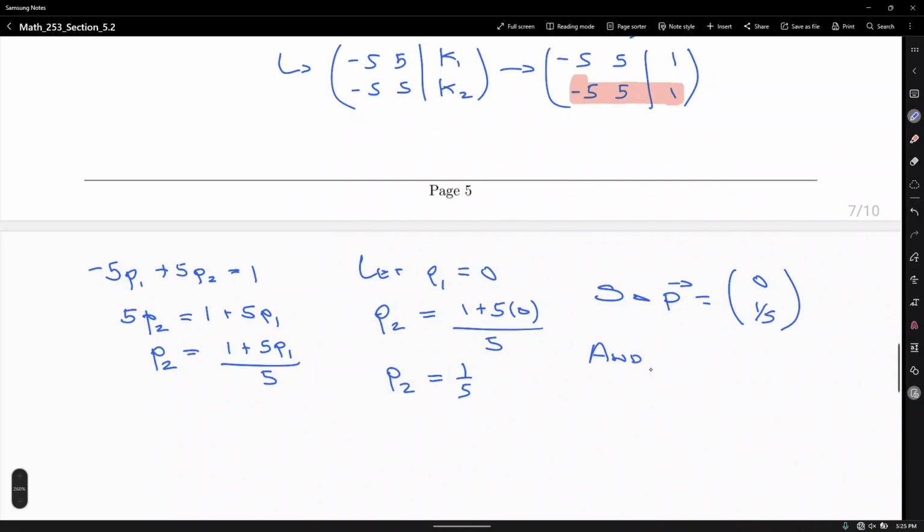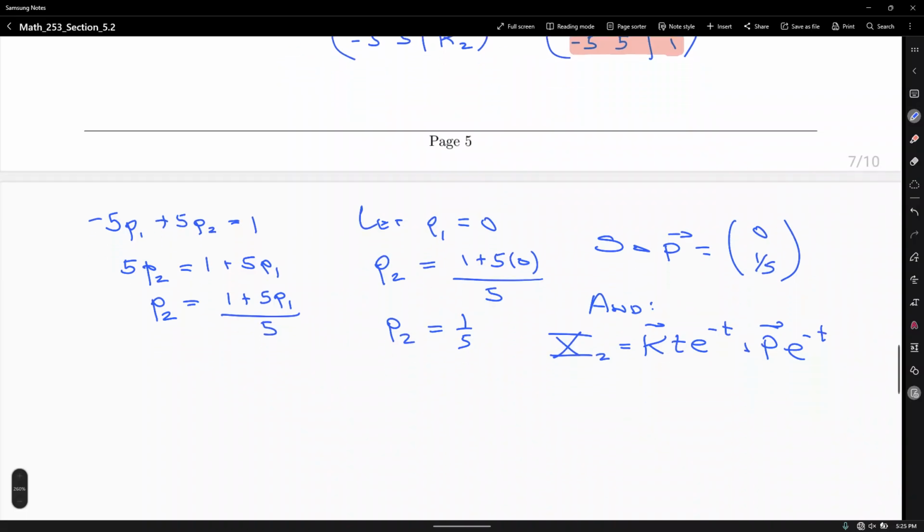And x2, which is a t e to the negative t in this case plus p e to the negative t. That's the same eigenvalue, which is the coefficient of t.